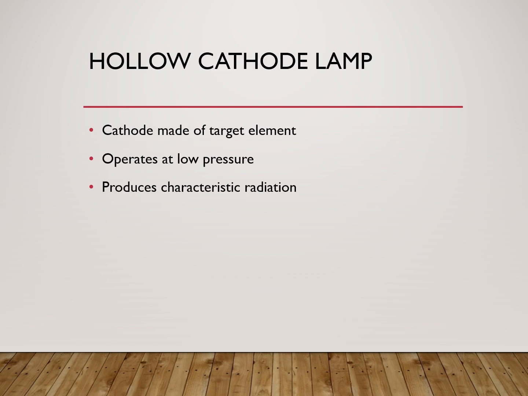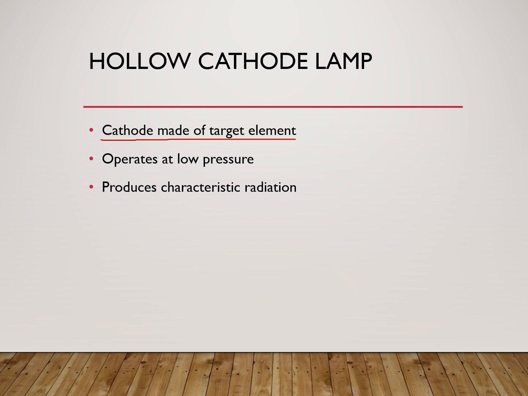Now we discuss the hollow cathode lamp. It contains a cathode made of the element of interest. As I already discussed, it will be made of the target element which would be analyzed.